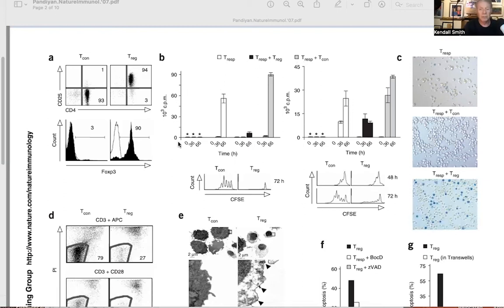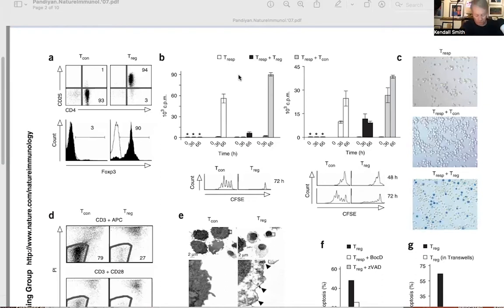You can see that this is cultured 1, 2, 3 days. With just the responder cells, you get thymidine incorporation. And then if you throw in the Tregs, it's markedly depressed, whereas with the control cells, it's not depressed at all.